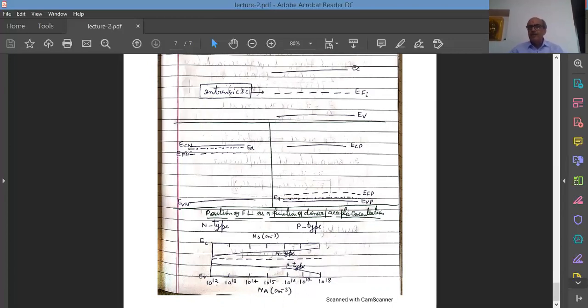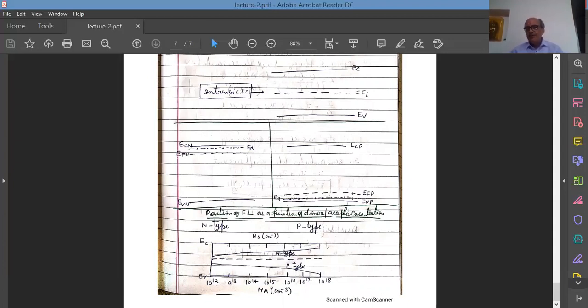Why just below the conduction band? The separation between the donor energy and the conduction band bottom is just the ionization energy of the donor. Similarly, if we consider the acceptor level, it is just the electron affinity difference above the valency band.